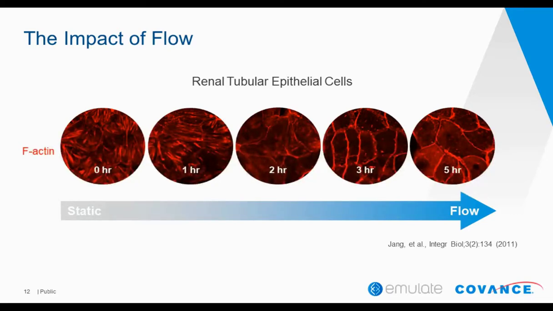And there are other similar reports on the proximal tubule cells as well. So this structural change and flow further contribute to correct localization of transporters to apical or basolateral membranes. And this example clearly demonstrates the importance of flow for maintaining a more physiologically relevant renal culture system in vitro.